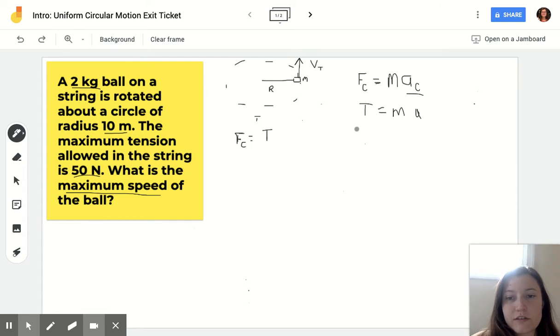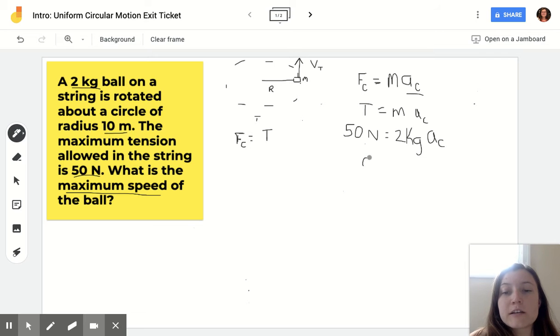We're going to plug in 50 for T and 2 kilograms for the mass. And we're going to solve for the centripetal acceleration, which is the center-seeking acceleration of the object as it moves around that circular path. So we divide both sides by 2, and we get 25. Our units are meters per second squared.